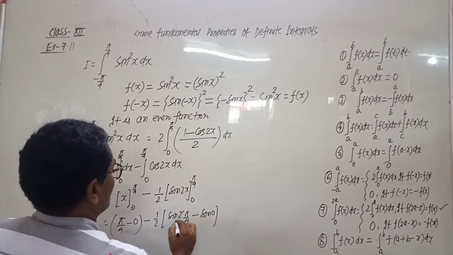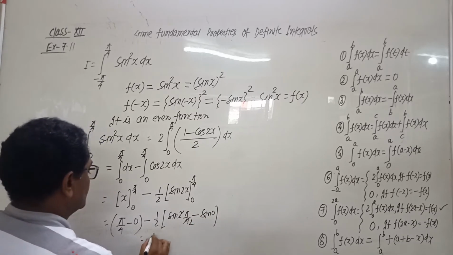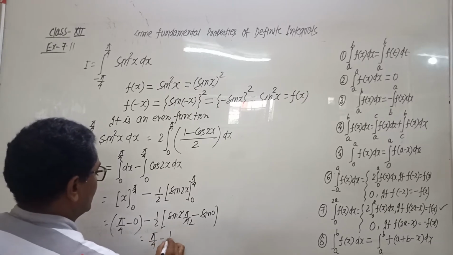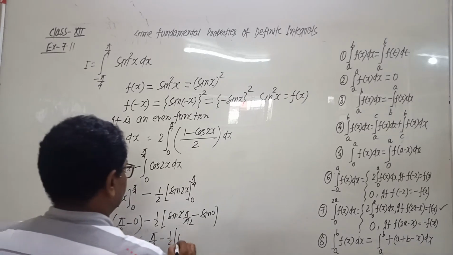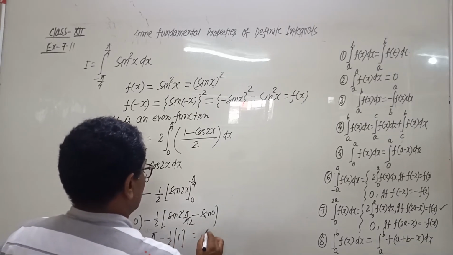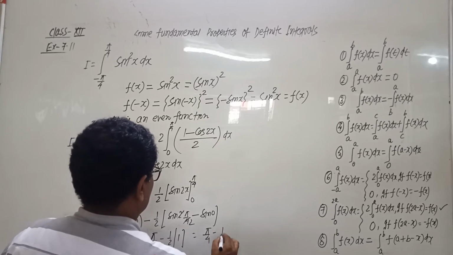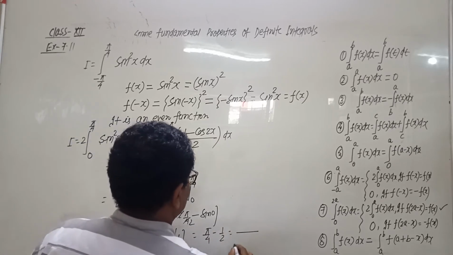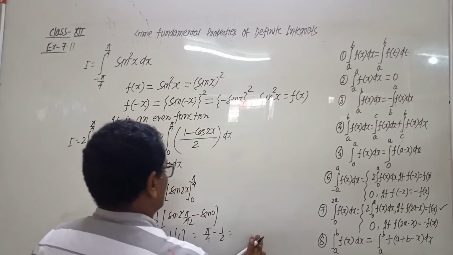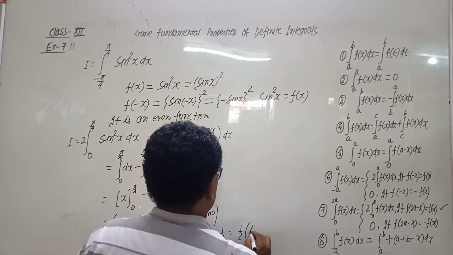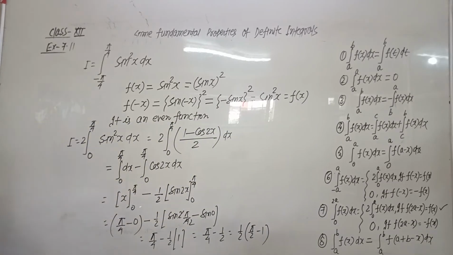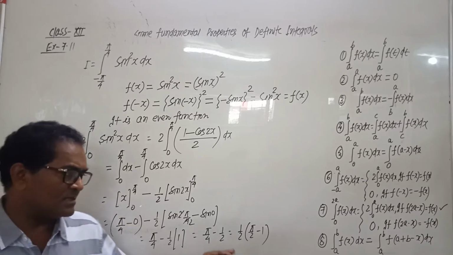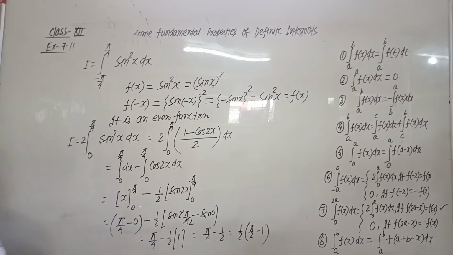So it gives pi by 4 minus 1 by 2 times sin pi by 2, which is sin 90 degrees, that is 1, and sin 0 is 0. So the result is pi by 4 minus 1 by 2. Taking 1 by 2 as common, the result is 1 by 2 times (pi by 2 minus 1), or you can leave the answer as pi by 4 minus 1 by 2.